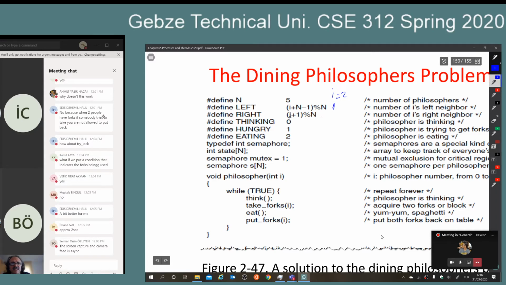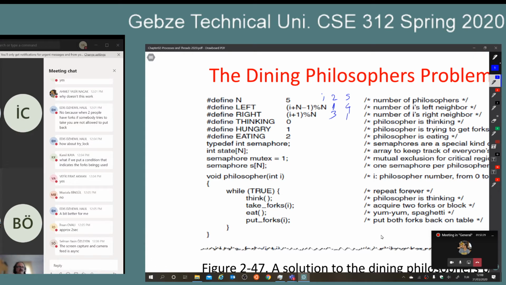Right is (2 + 1) modulo 5, which is 3. So for i is 2, left is 1, right is 3. For i is 5, left is 4 and right is 1, right?